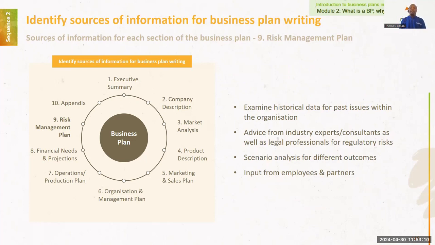First, we go back and examine the historical data of past issues within the organization. Those employee letters, maybe the union wrote to you, maybe the crop that was rejected after you have exported.